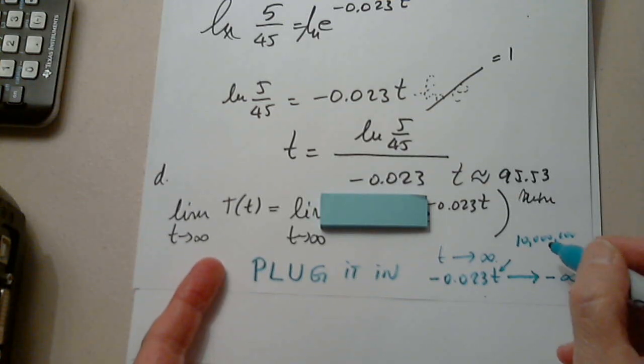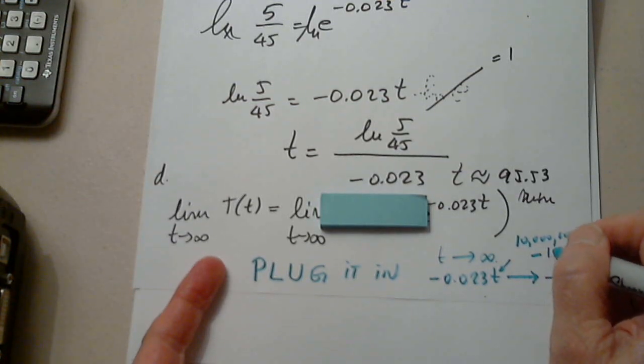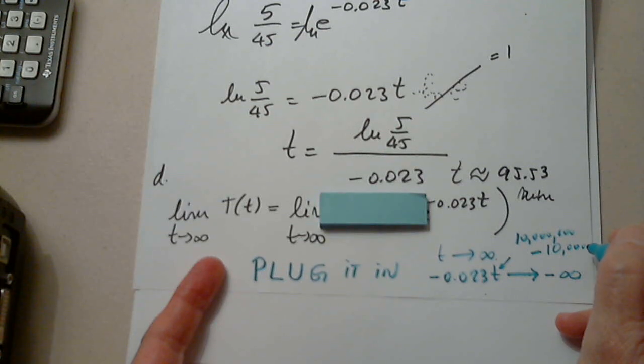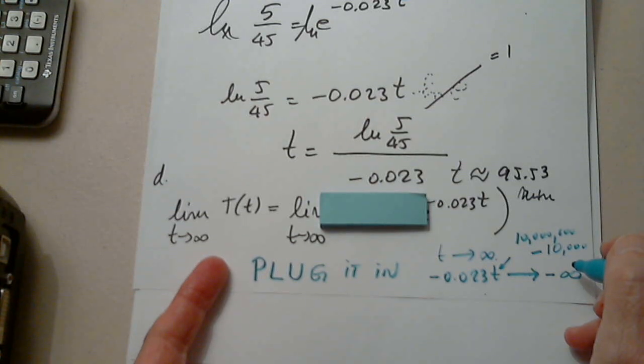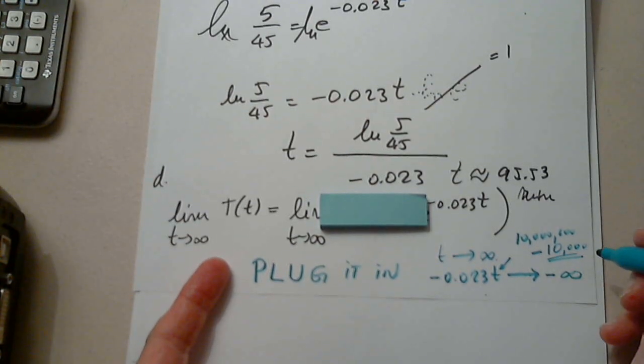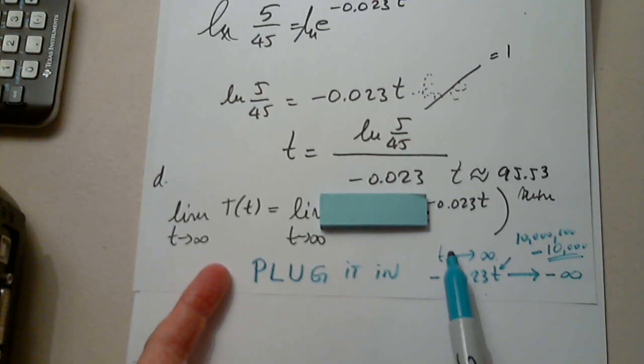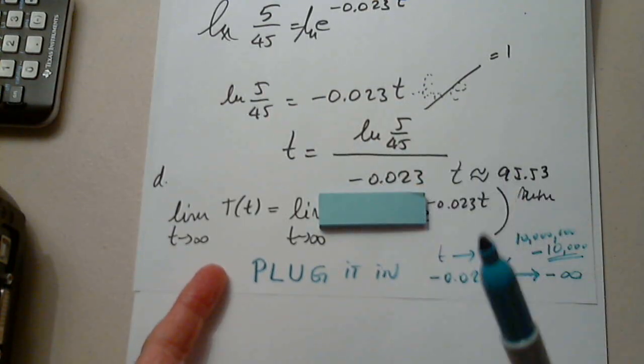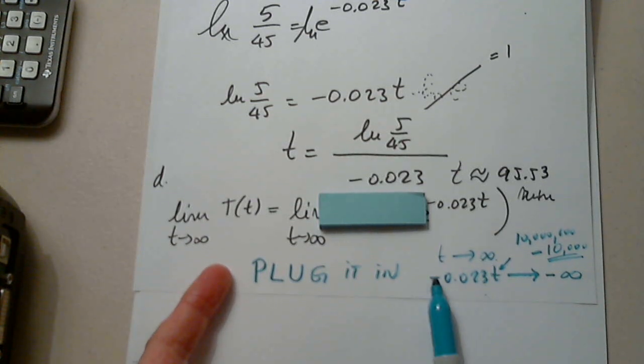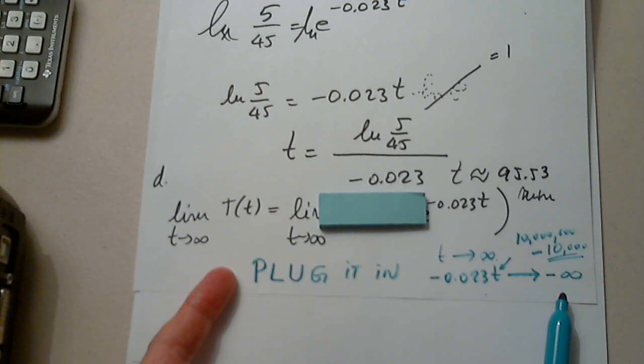So if you owe me $10,000, do you think that I will say, oh, actually you owe me 0? No, you're right. Absolutely never. If you owe me 10,000, you have to give me 10,000. I will not take 0 for it, right? So it's a joke, but you know what I mean. So as t approaches infinity and I multiply t by a negative number, it will approach negative infinity, guaranteed.